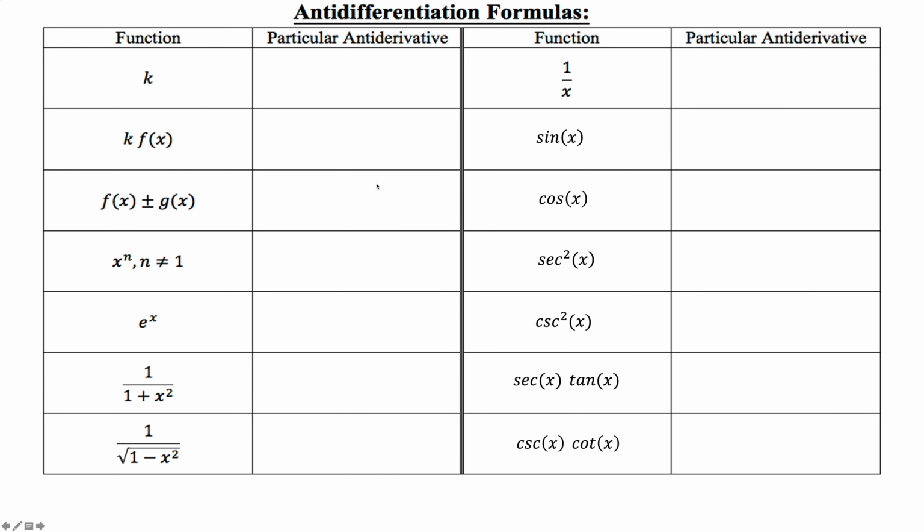All right, anti-differentiation formulas. Remember we had that whole sheet of derivative rules we had to learn. Well, now we have to do them all backwards. So if my function is k, that's a constant. Taking the derivative of a variable x, let's say 2x, gives me the constant 2.